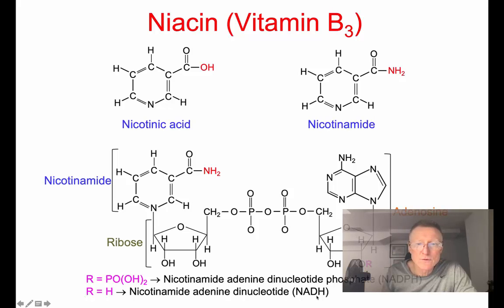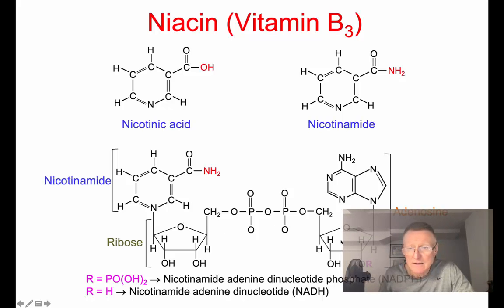So these are two different forms, NADPH and NADH, that are formed inside of the cells. Again, you absorb the B3 vitamin, either nicotinic acid or nicotinamide, and then inside of the cells it can be assembled into this much bigger molecule, and it can take two different forms.